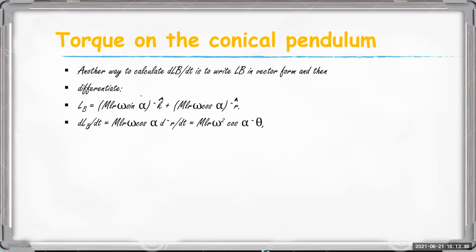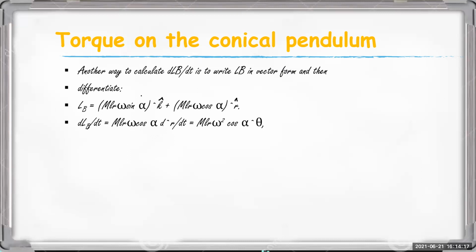So the variation, d by dt of this quantity. Here m is constant, L constant, r constant, omega and cos alpha constant. But the only changing quantity is the direction. The r cap magnitude is constant, only the direction is changing.